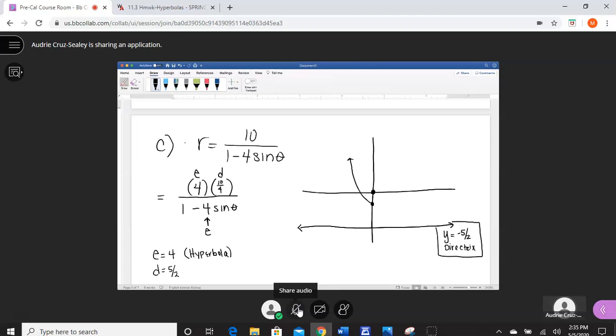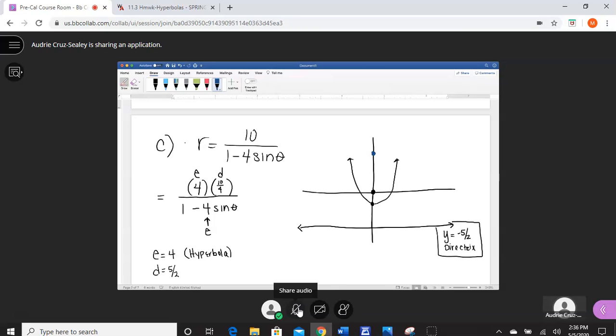And you just told me that I'm going to have a hyperbola, right? So you're going to have a vertex here. I know this is going to be weird, just stay with me. You're going to have a vertex here. That's going to be the closest one to the pole, which means that you have a vertex here that we're going to talk about in a second. We're going to talk about this special vertex in a second.